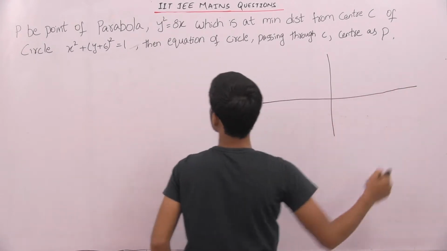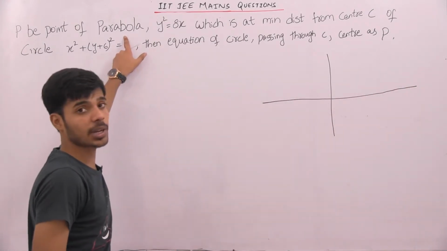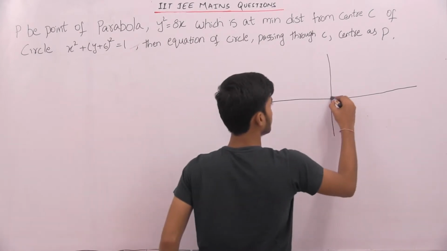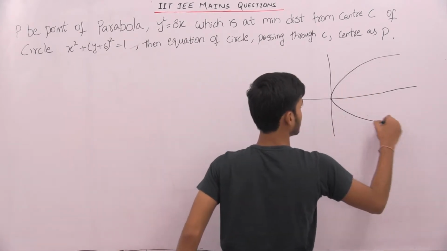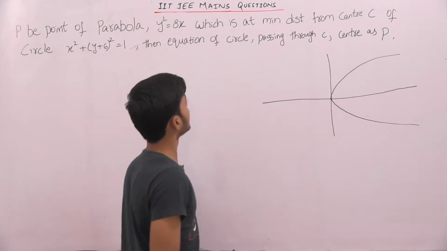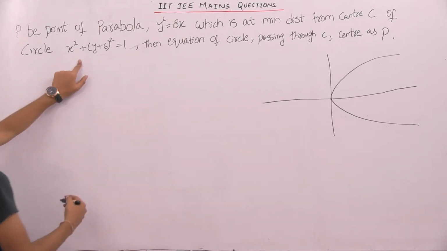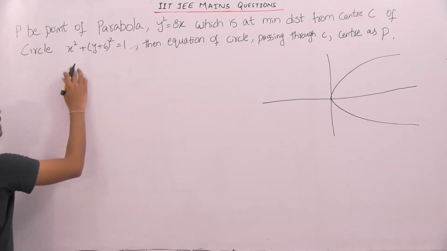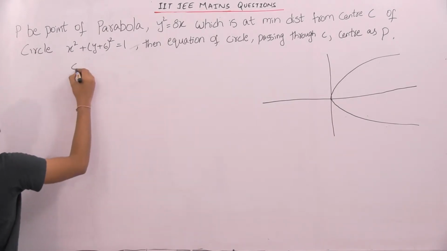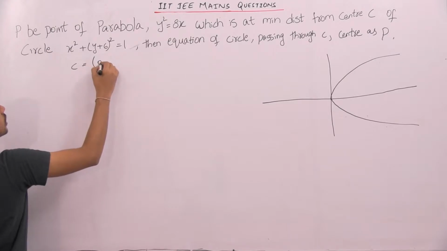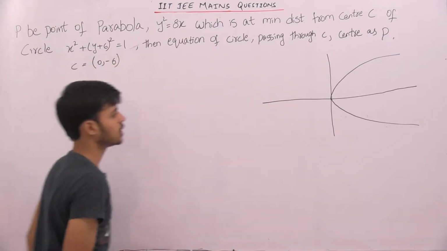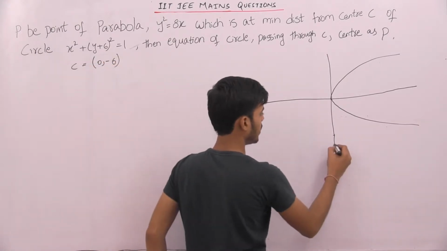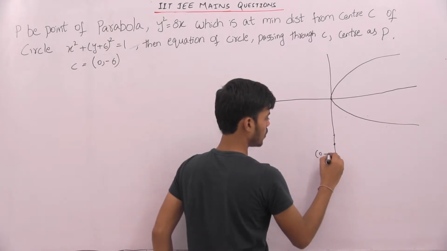So proceeding with the given information, first we have a parabola. The parabola is y square equal to 8x, and the circle is x square plus (y plus 6) whole square equal to 1. Then the circle's center, which is C, is 0 comma minus 6, which has to be somewhere here.